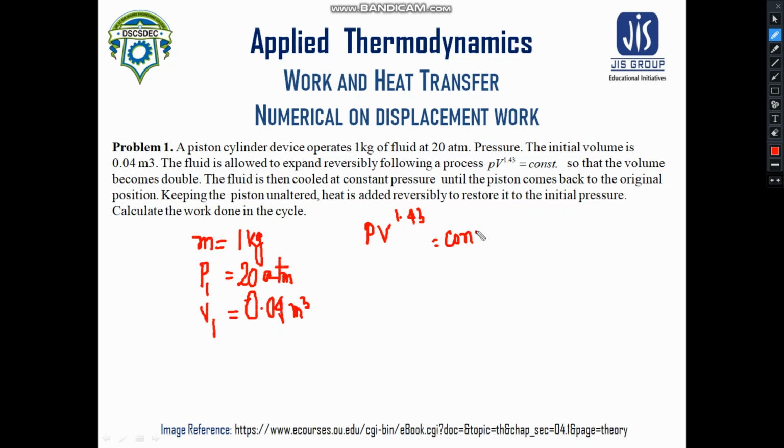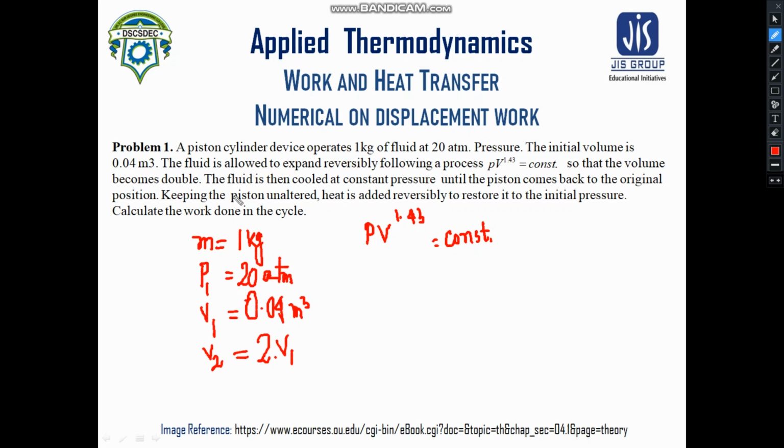These are the pieces of information available till now, so that the volume becomes double. This is very useful information. The final volume is given as double this, so we can write V2 as 2 into V1.